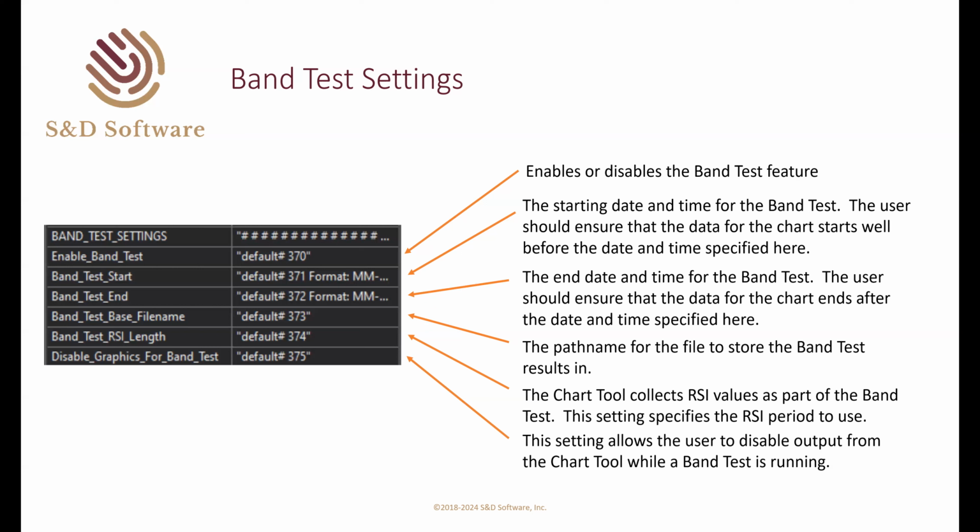And again, the primary interaction here becomes: are patterns found during the test period a retest of a supply and demand band from before the test period or not? If they're a retest, then they won't generate a supply and demand band.